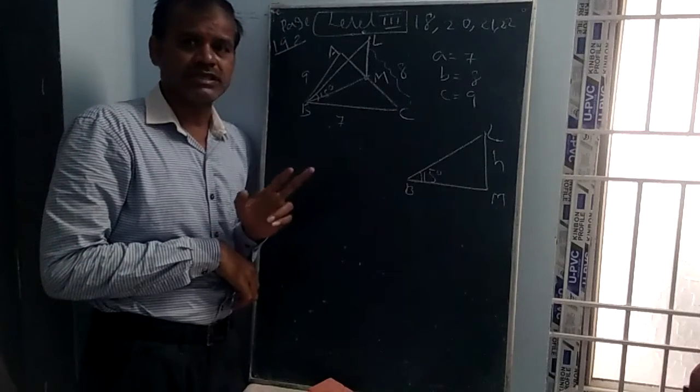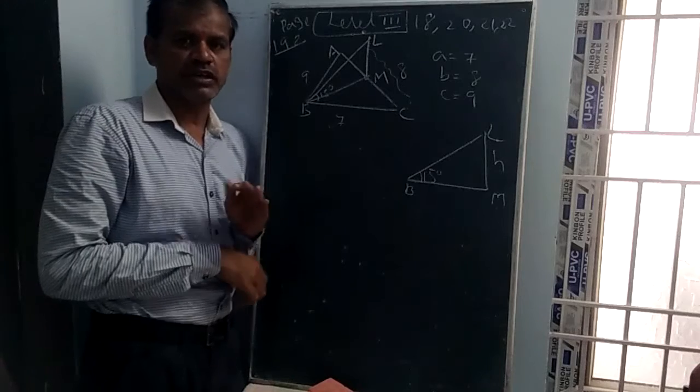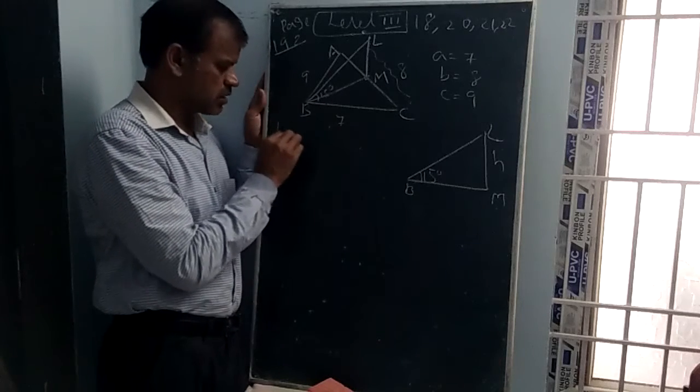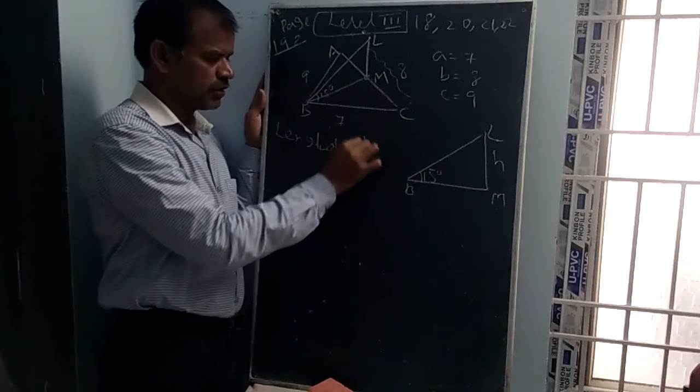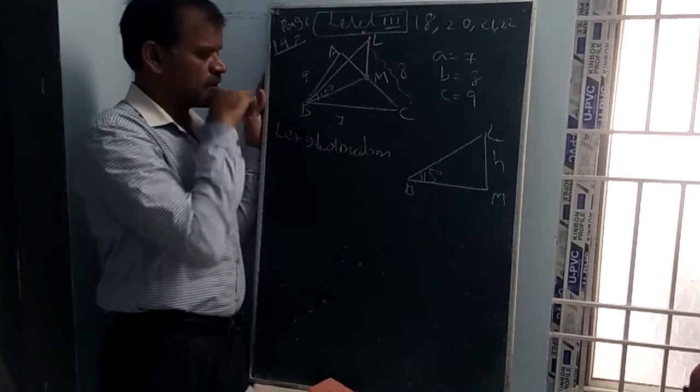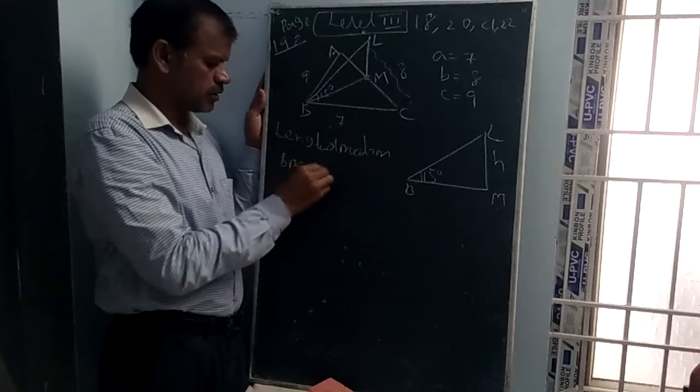BM is nothing but the length of the median opposite to B. Length of median BM I am writing.